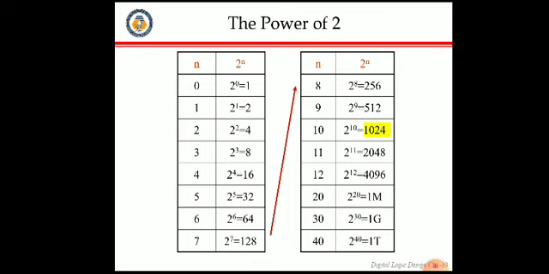For n equals 20, 2 power 20. Okay, 1000 means kilo, then mega, giga, tera.